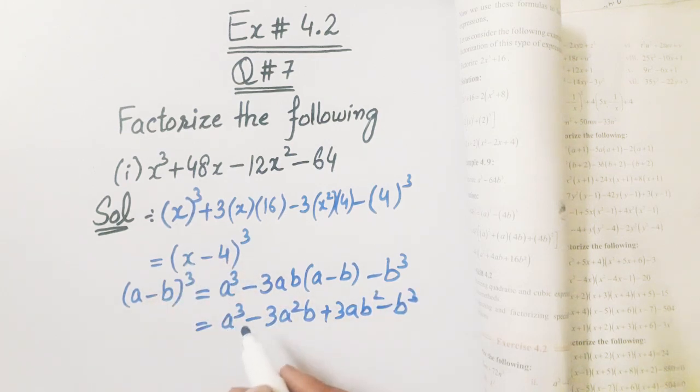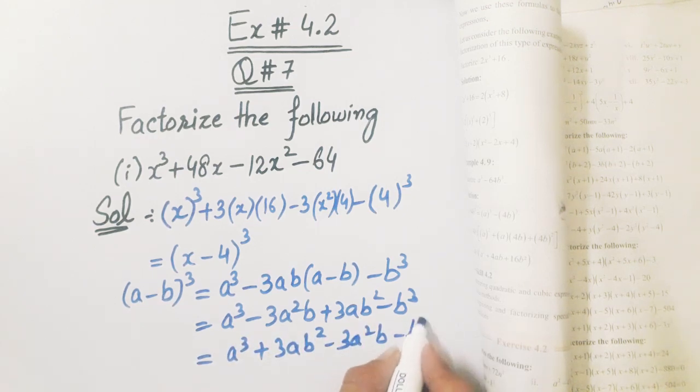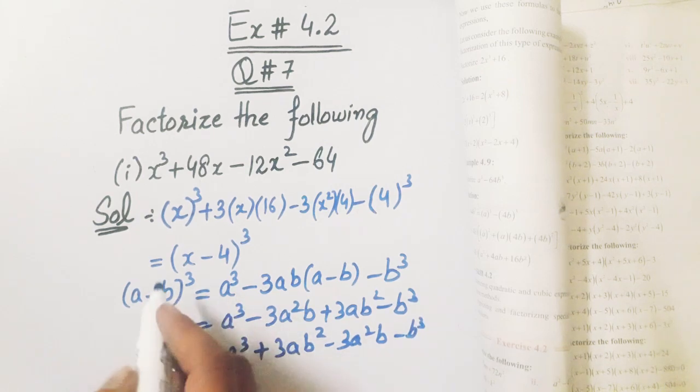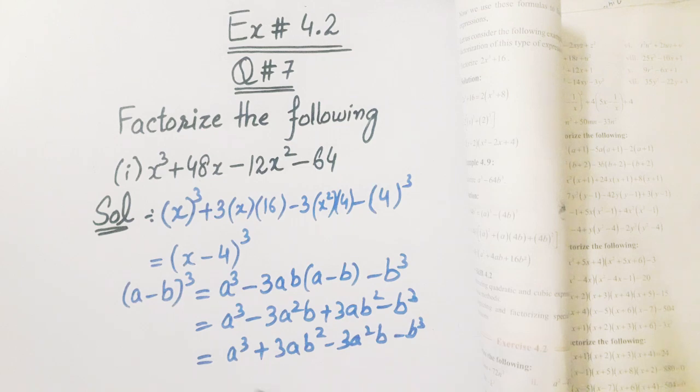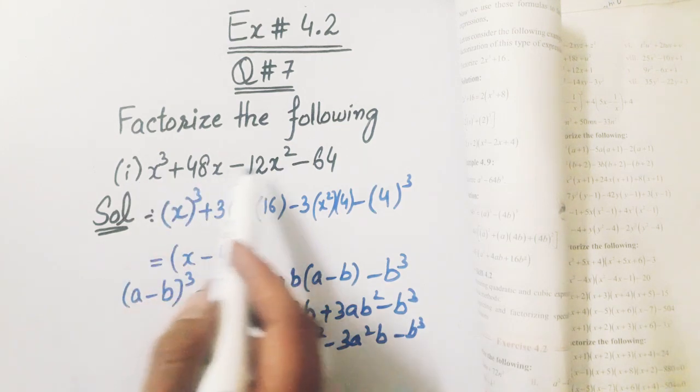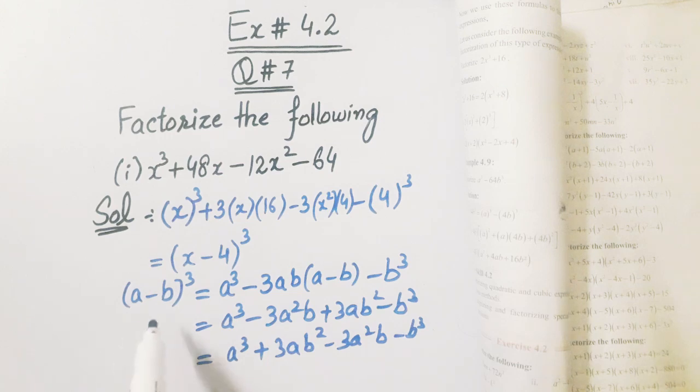So this is the final answer, and we will convert all the questions into these formulas of a minus b whole cube, or if all the signs are positive, then we will convert this into a plus b whole cube.